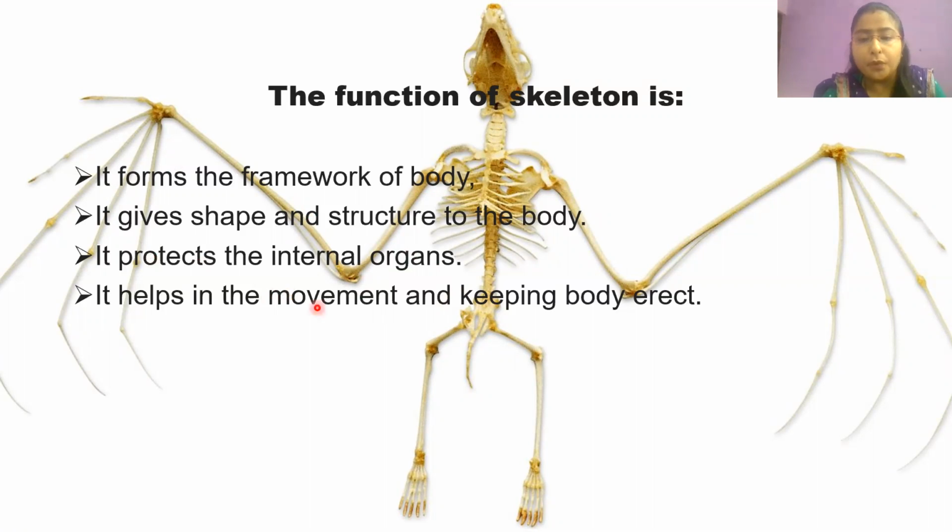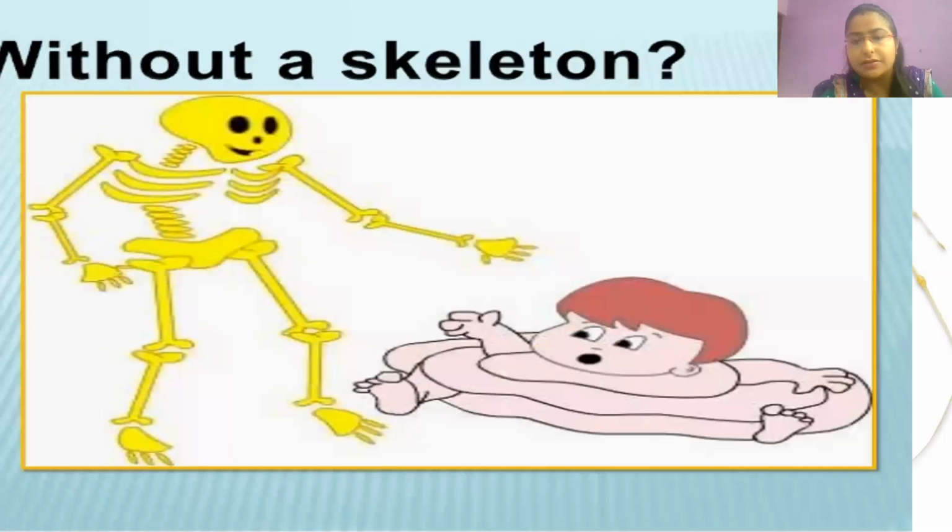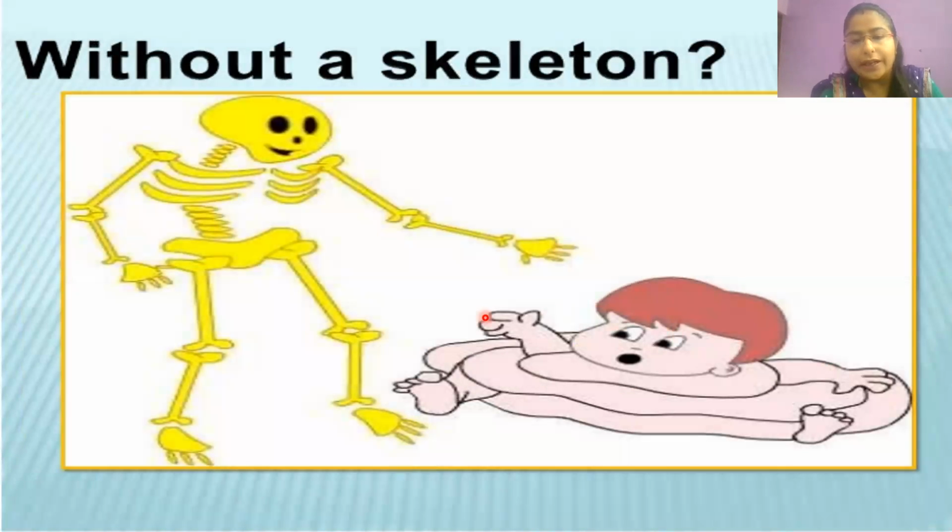It helps in the movement and keeping the body erect. We can move only because of skeleton, and we can stand straight because of our skeleton. If the skeleton is not there, then we look like this. See, we look like this if the skeleton is not there. So because of skeleton, we are able to stand.